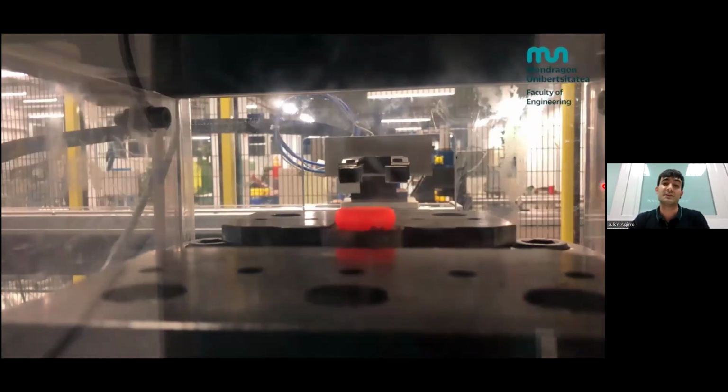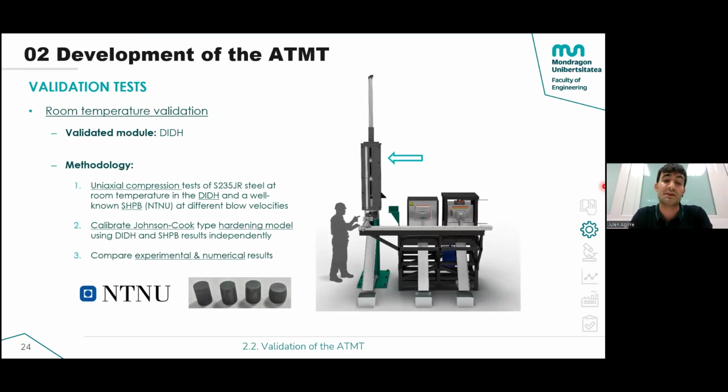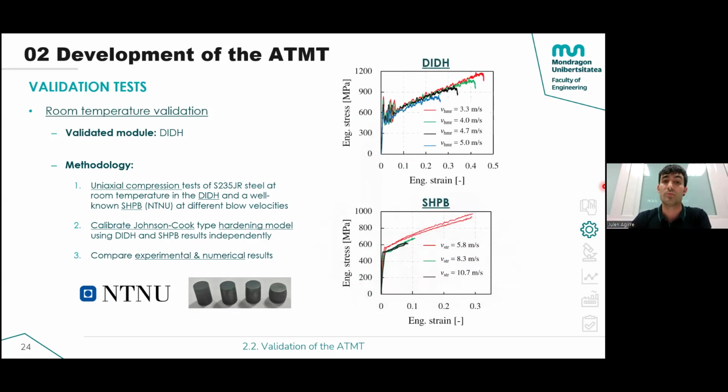After the development of the machine, we had to validate it, and for that, a validation campaign was carried out in collaboration with NTNU in Norway, in which uniaxial compression tests of a structural steel were performed. Then numerical Johnson-Cook hardening models were calibrated independently using hammer data and Hopkinson data, and the experimental and numerical results were compared.